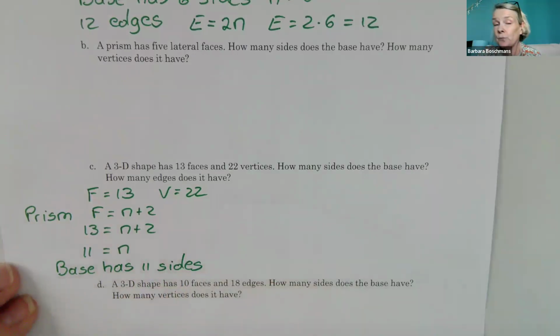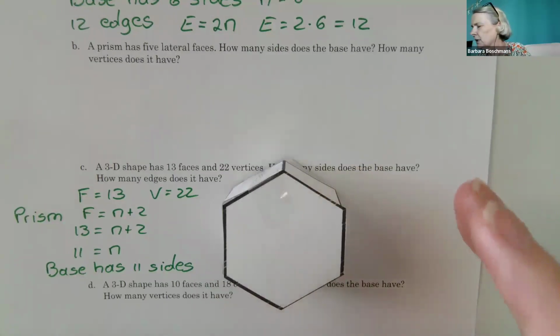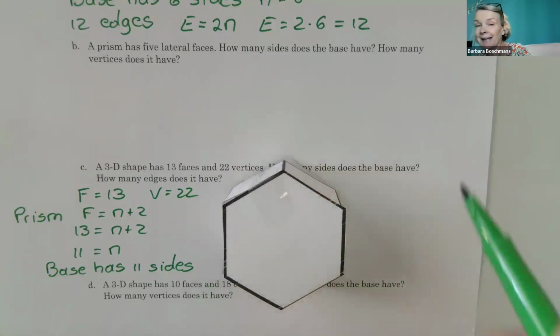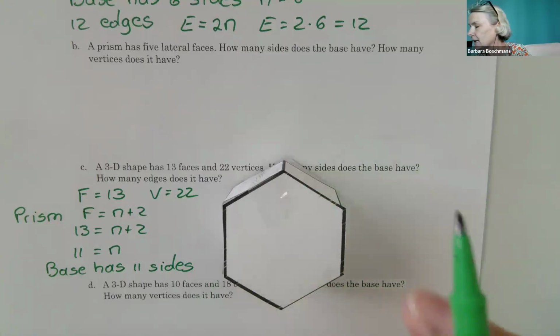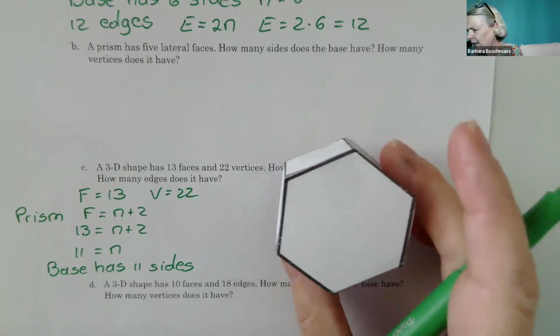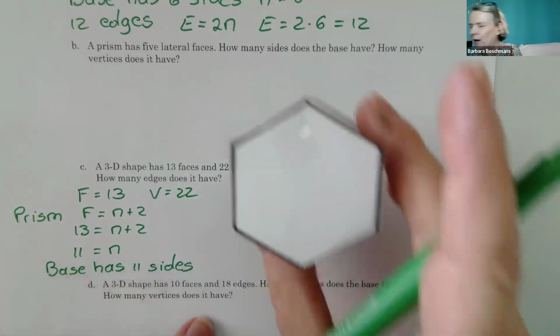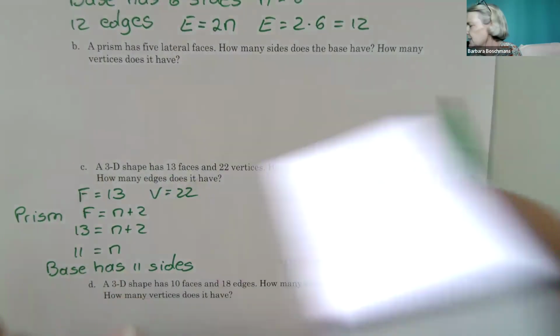So you can either use the formula you came up with on the previous page, or we can try to picture this. So we talked about prisms before. This is a hexagonal prism. So I have to imagine one that has 11 sides, not 6. So I know for a hexagonal prism that vertices are these corner points, right? So I have 6 on the top, 6 at the bottom.